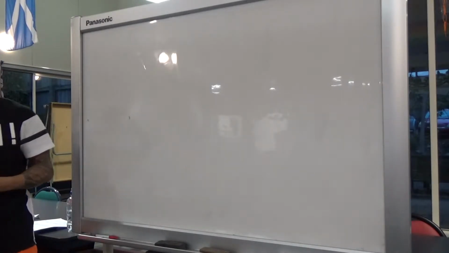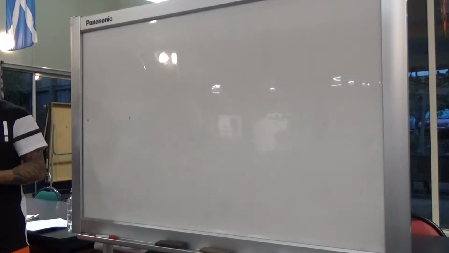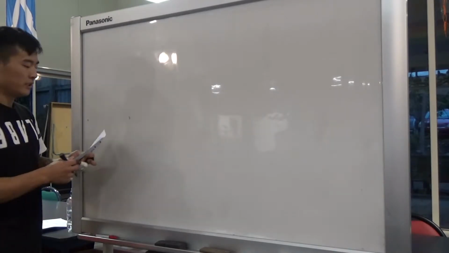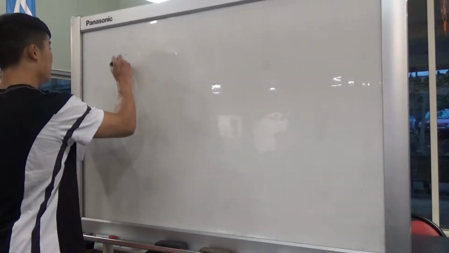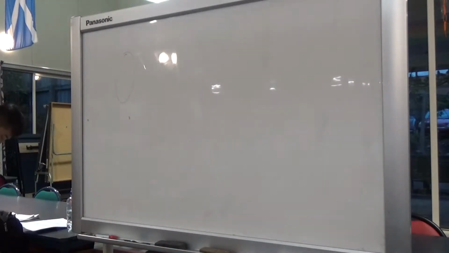So our question number 1, we've got a horizontal pipe which has a cross-sectional area at point A of 0.3 meters squared.